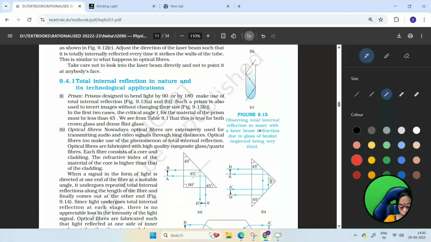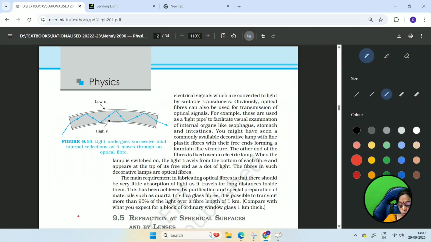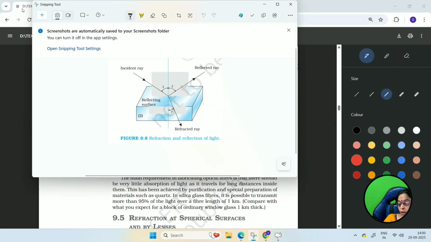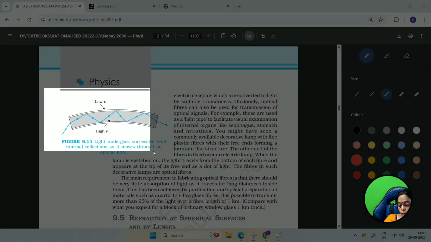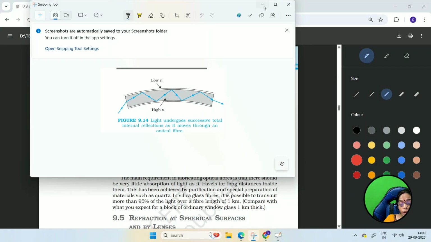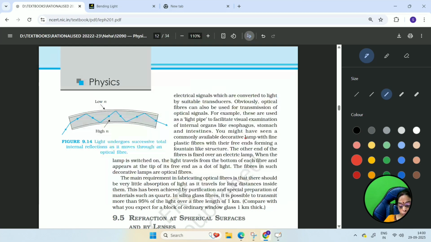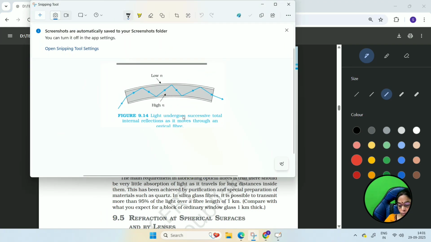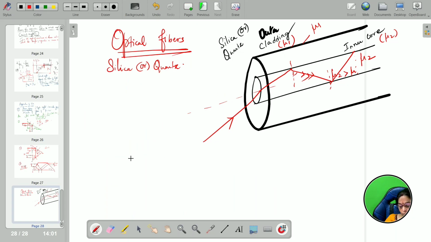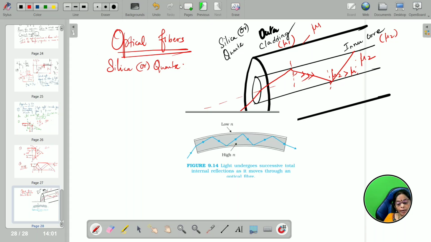Now come back here. We have seen all this with the prism. Now look at this optical fiber. I have already pointed out the same thing. You can draw that. In this optical fiber, outer cladding and inner core.